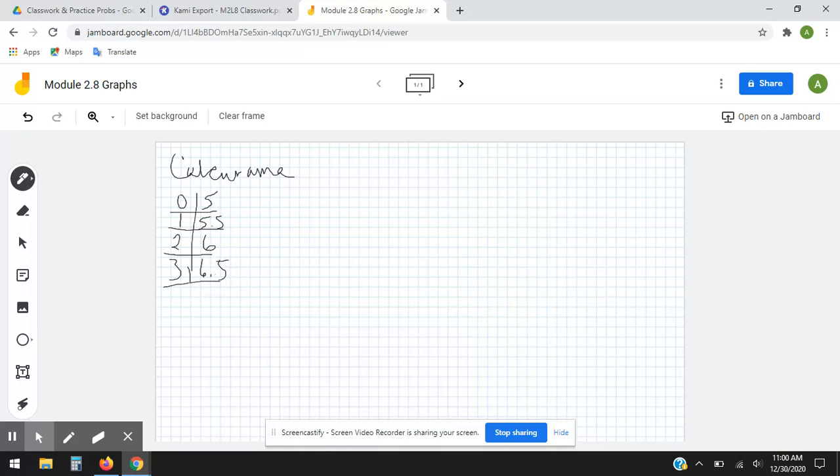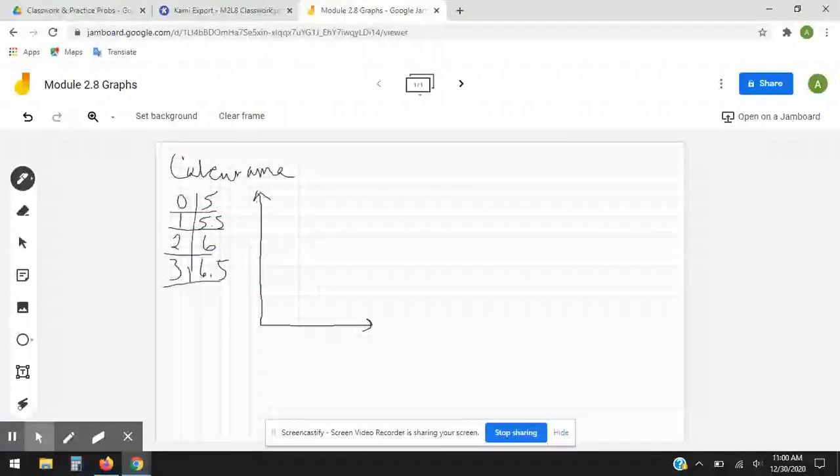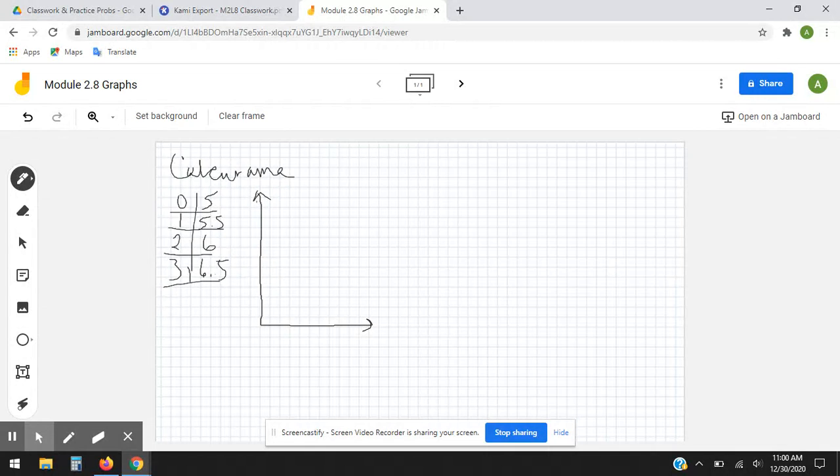So I'm going to make my table on the lines here. They're all positives, so I don't need to worry about the negative ones. So I'm going to start with 0 here. Here I'm going to have my x values, so my years after 2010. And here I'm going to have my dollars in millions.